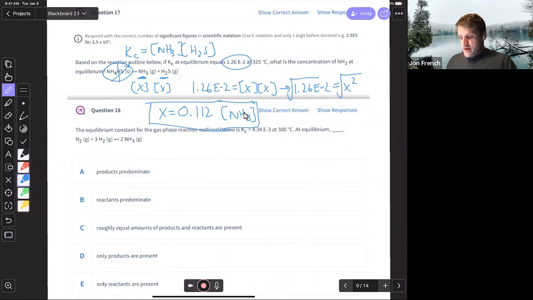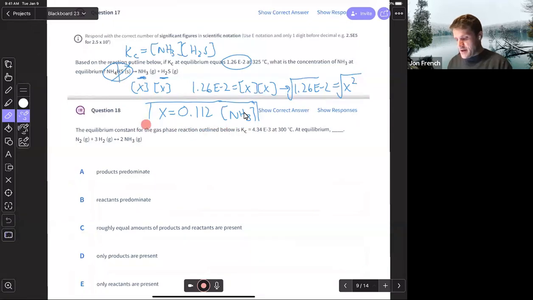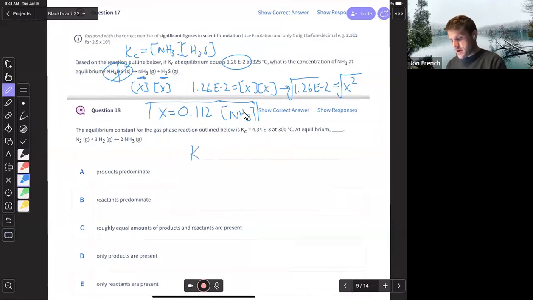All right, the equilibrium constant for the gas phase reaction outlined below is 4.34 e to the negative 3, right? At equilibrium, what does that tell you for this reaction? K is much, much less than 1. So what can we say about this reaction with an equilibrium constant of 0.00434?